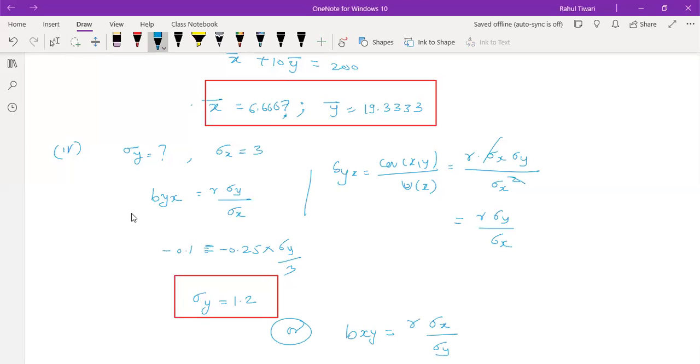I hope you know that when we write byx, it means x is given to you, so we write variance of x. So similarly, in bxy, y is given, so you take sigma y. So r times sigma x upon sigma y. Please remember these two formulas. One will be this and one will be this.